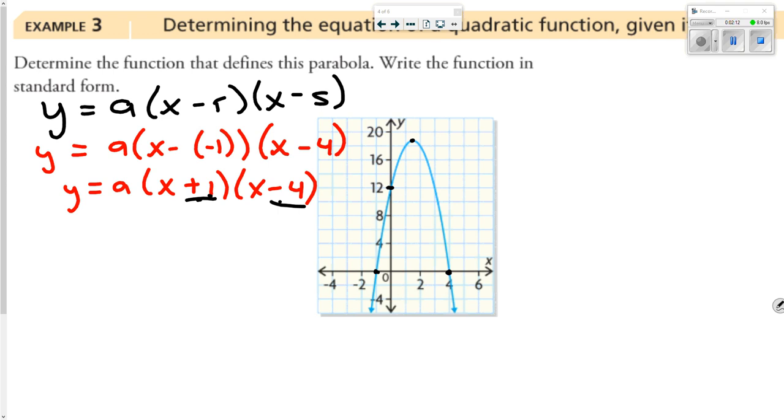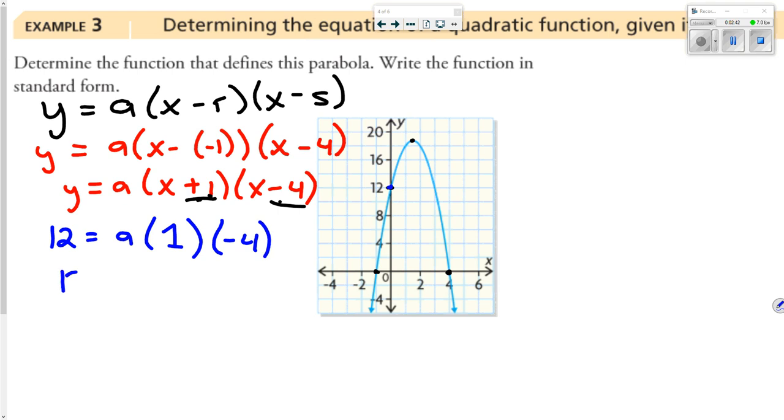Now we need to figure out what a is. And to do that, we're going to grab a point from the graph, and we're not going to use one of the roots. Let's use our y-intercept because it's a nice number. So at the y-intercept, y is equal to 12. x is equal to 0, so (0 plus 1)(0 minus 4).